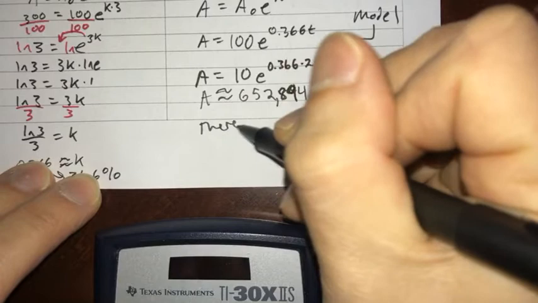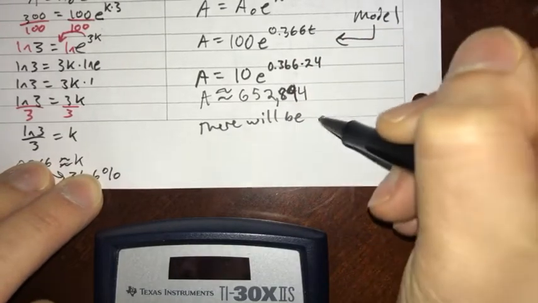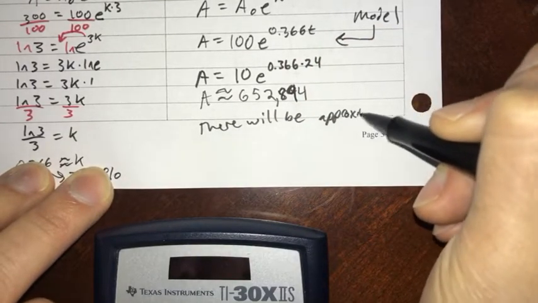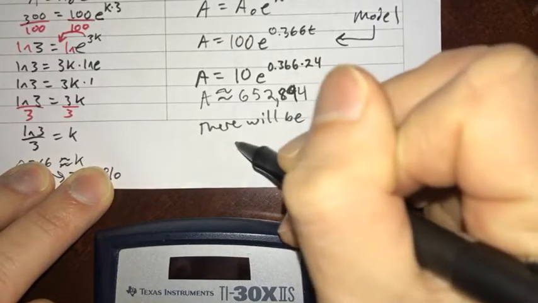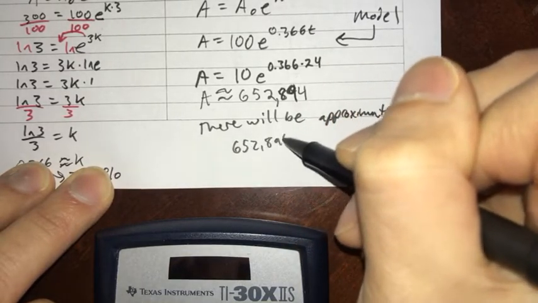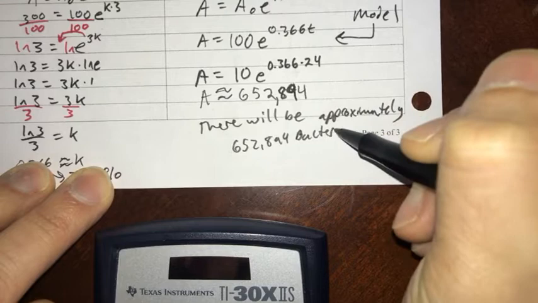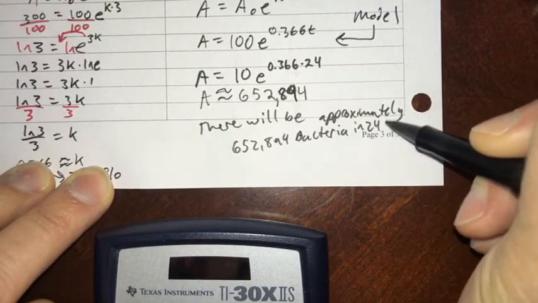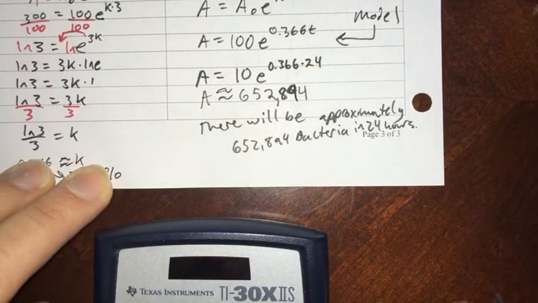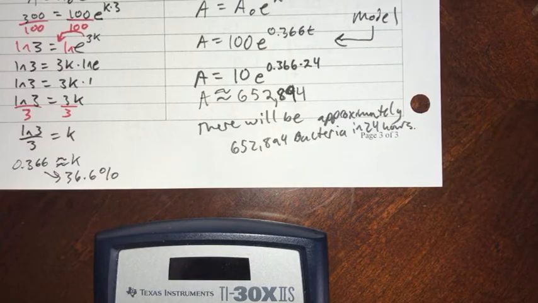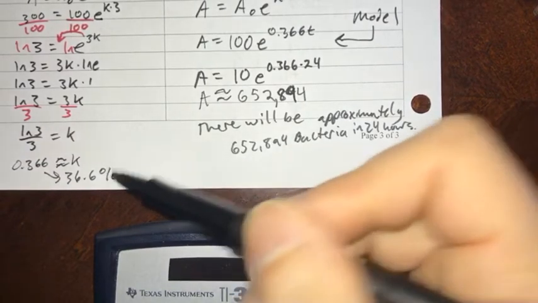There will be approximately 652,894 bacteria in 24 hours. It's a lot of growth, but that's how bacteria grow. And it's 36% growth. I mean.